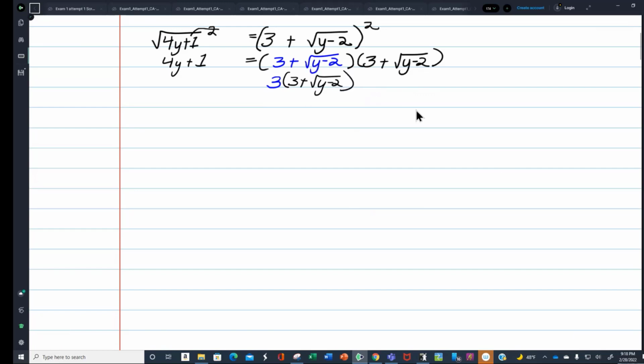Then I take the second term from the first set of parentheses, plus the square root of y minus 2, and I multiply by the second set of parentheses. Then I distribute.